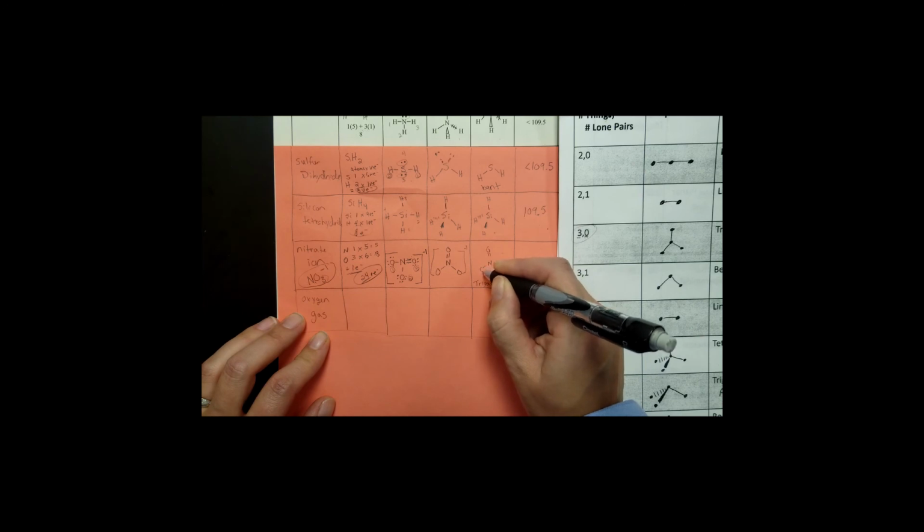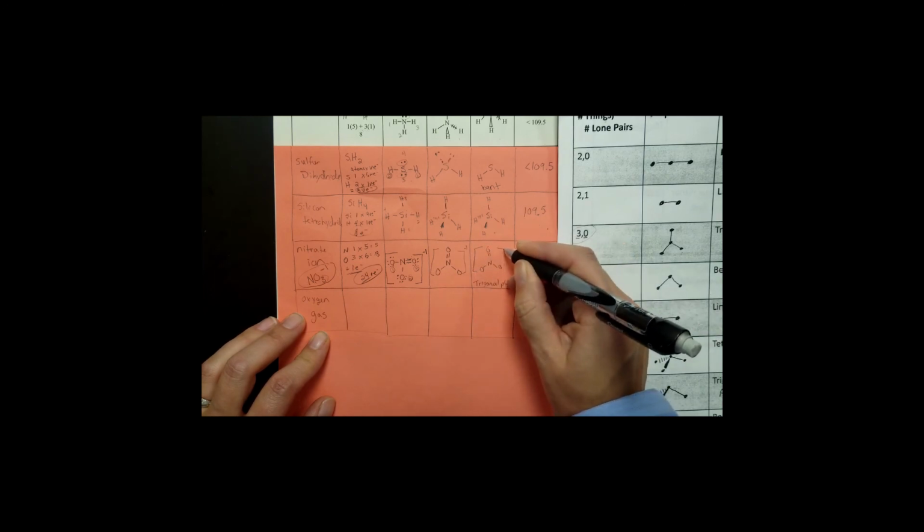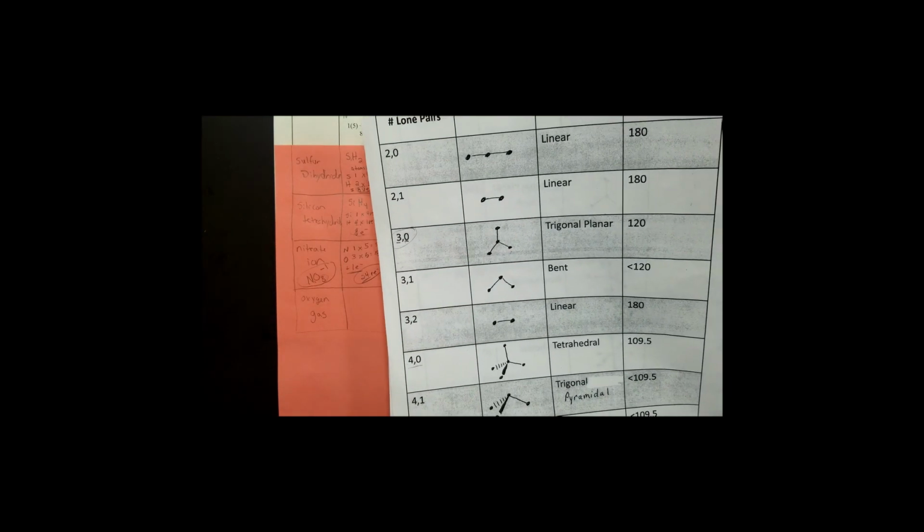Notice I'm keeping the brackets with the charge on the outside. And I'm drawing it so that it looks like a triangle, just like in the picture. Now for the bond angle, it says 120, so I'm going to fill that in.